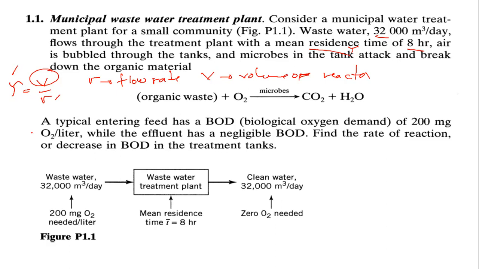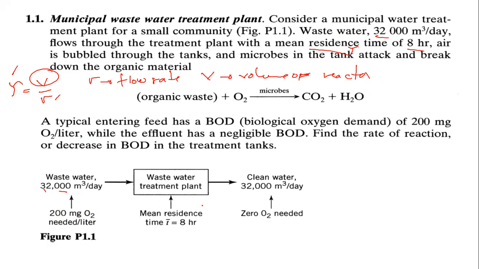Find the rate of reaction or decrease in BOD in the treatment tanks. So from 200 to 0. Actually it's just a conversion, because our unit is always moles of oxygen. We will convert the 200 mg per liter to moles of oxygen per second per cubic meter, so we divide by B. We have the concentration, the BOD, of 200 mg per liter, and we are using 32,000 cubic meter per day.